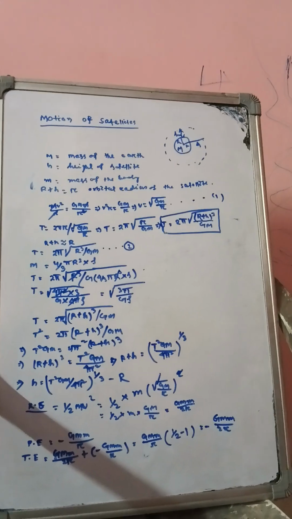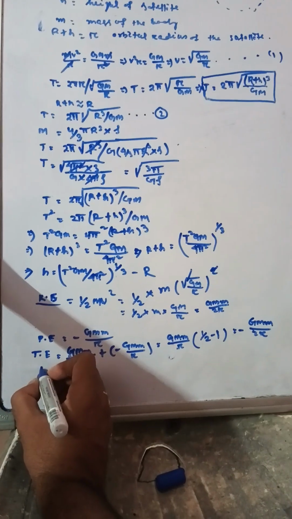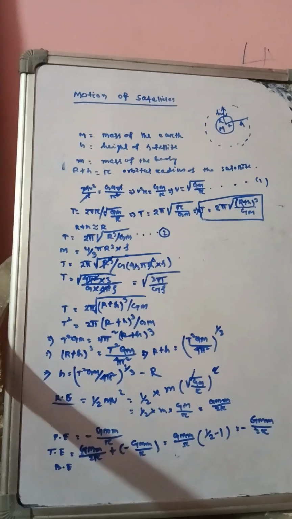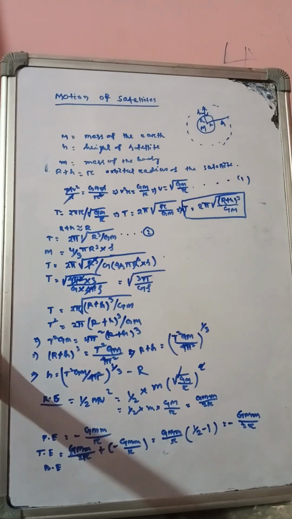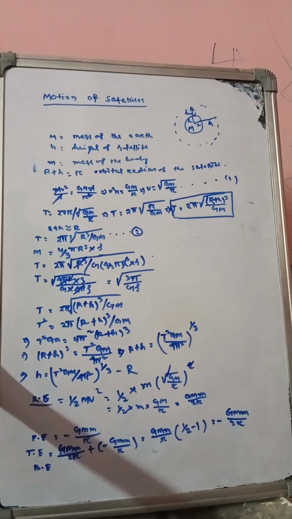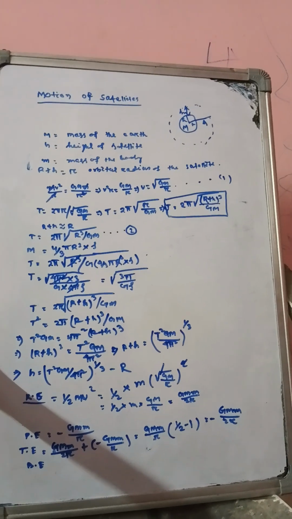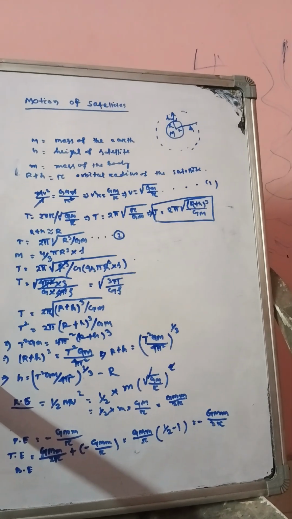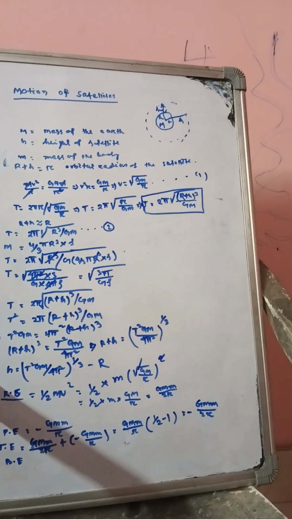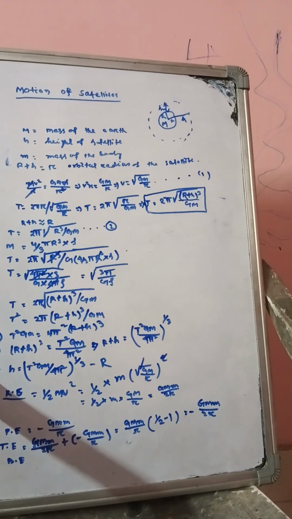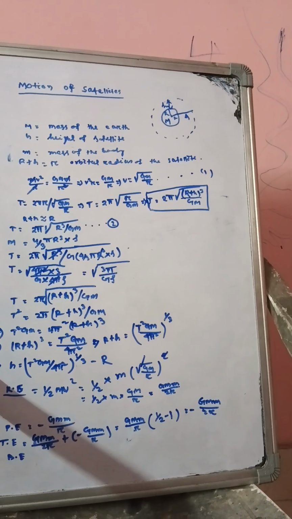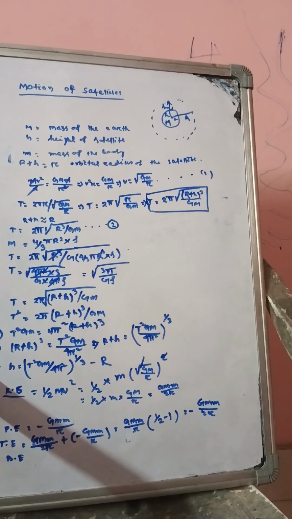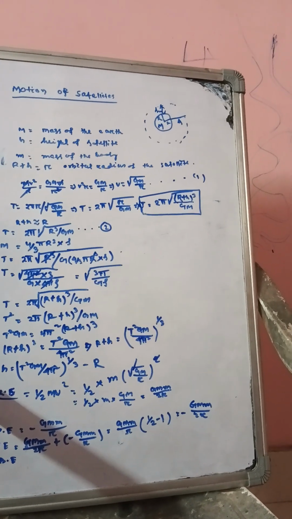Similarly, we can calculate binding energy. What is binding energy? The amount of energy required to remove a satellite from the orbit is called binding energy.